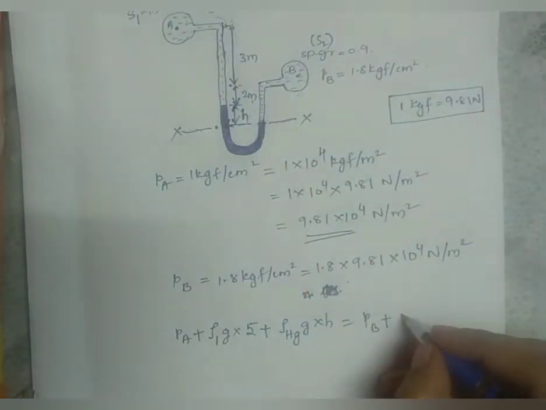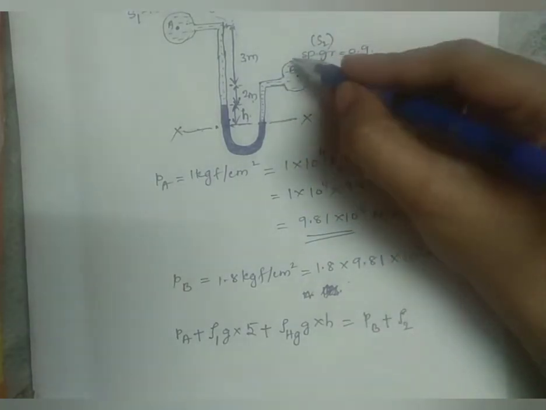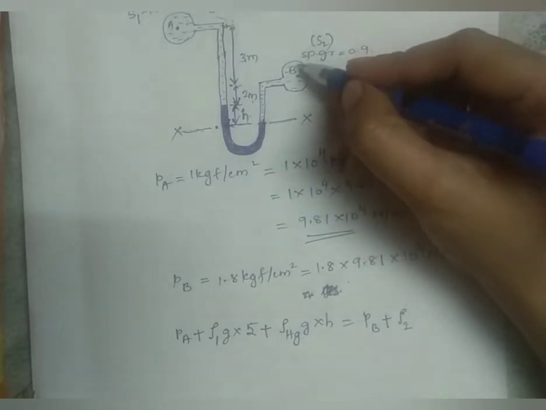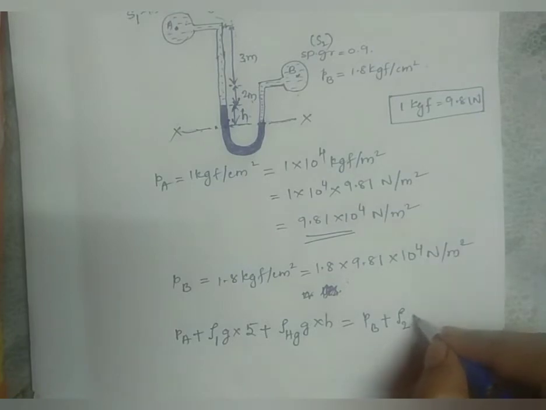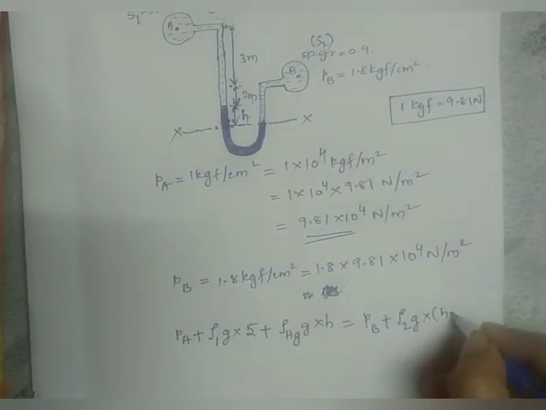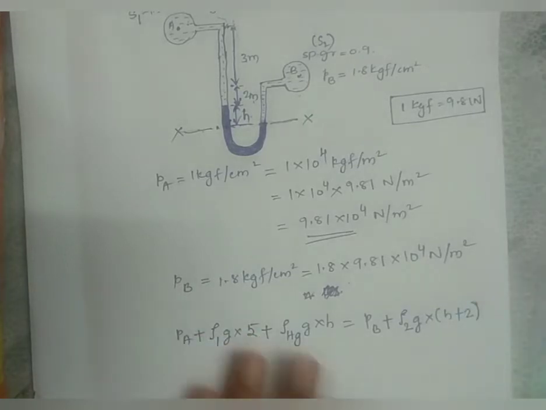So I can write rho 2, the density of the liquid in the right hand side limb, into G into H plus 2. I think this is clear.